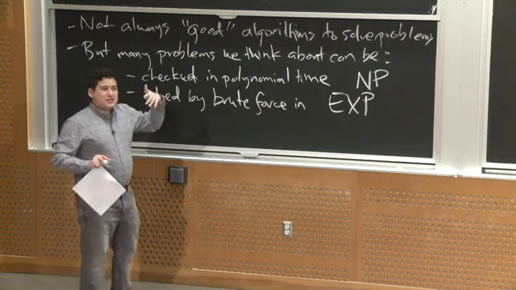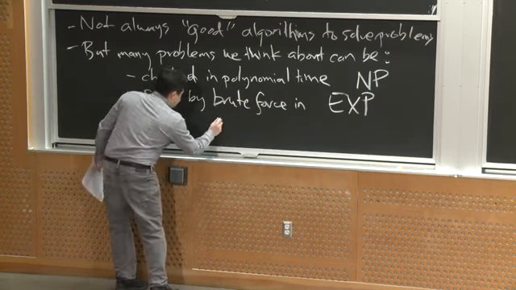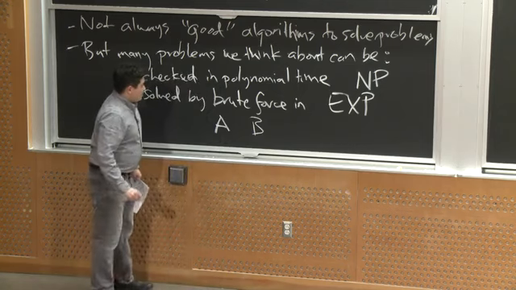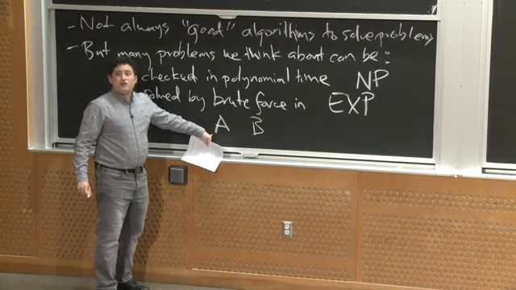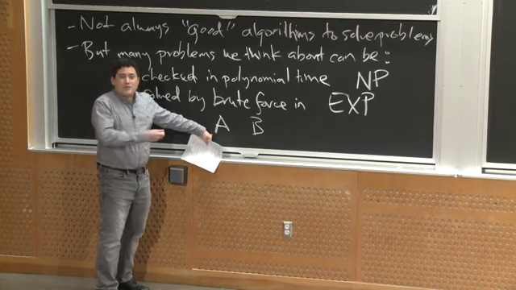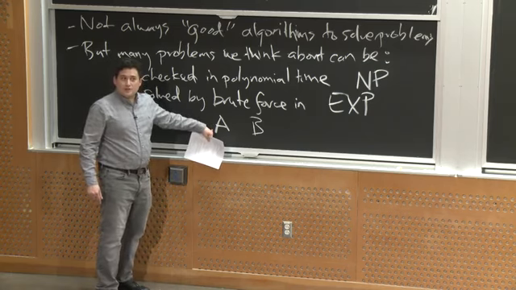Knowing the directionality of a reduction, right? If you have a problem A and a problem B, and I know that B is difficult by some measure, right? I already happen to know that it's very hard, like NP-hard or something like that.